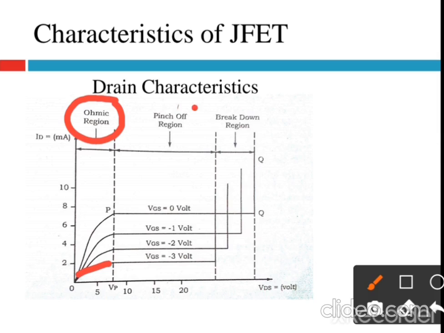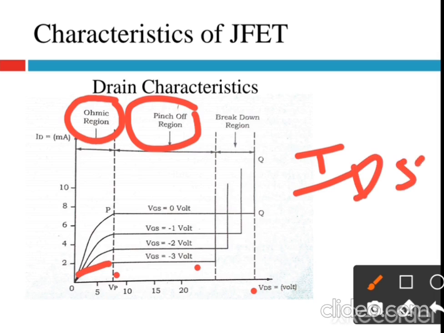Now this is the pinch off region. In this region, when the drain to source voltage VDS is equal to the pinch off voltage VP, the drain current becomes maximum, IDSS.